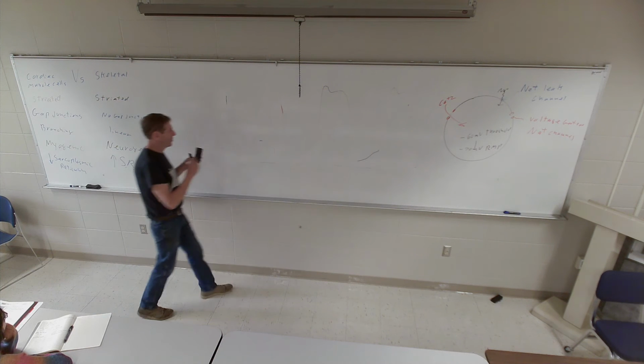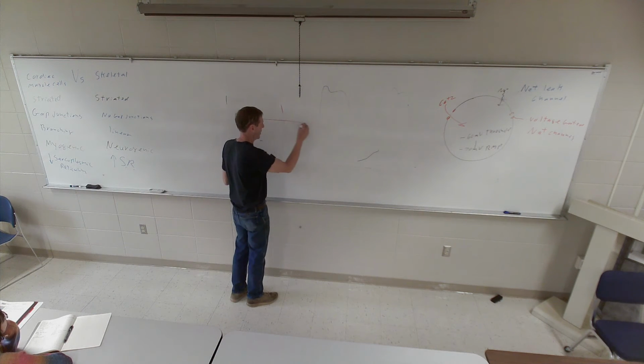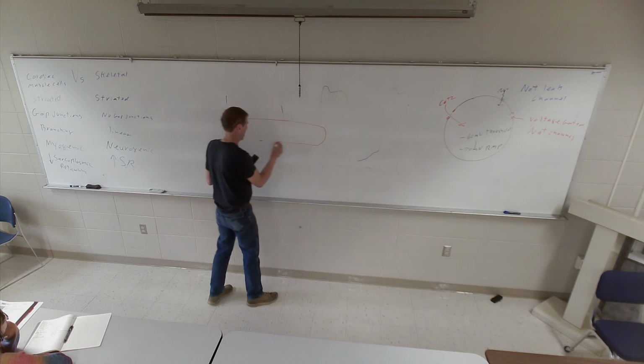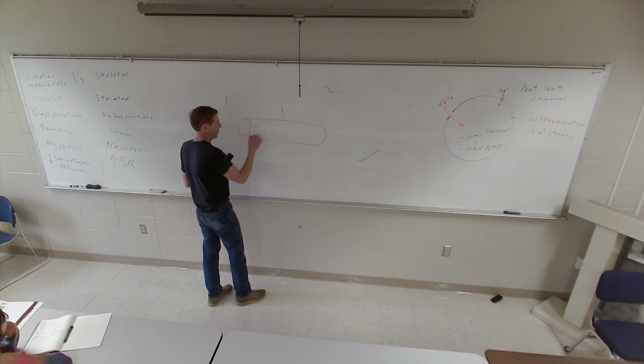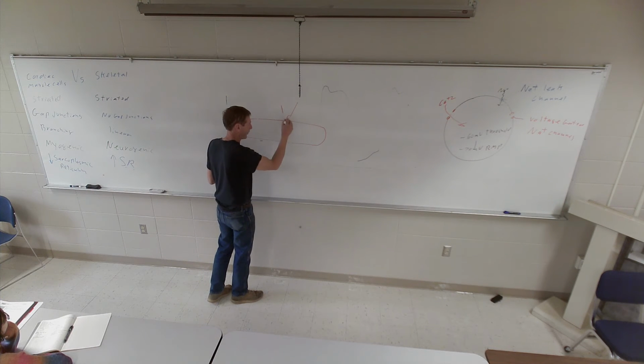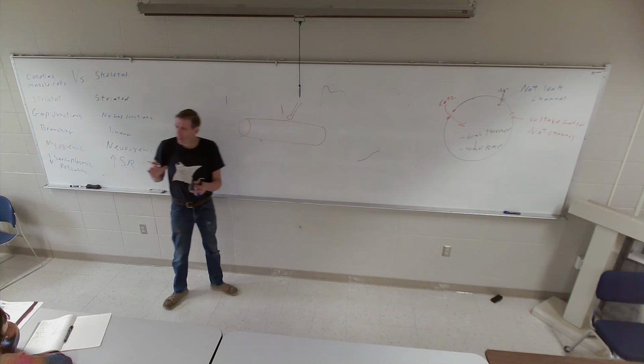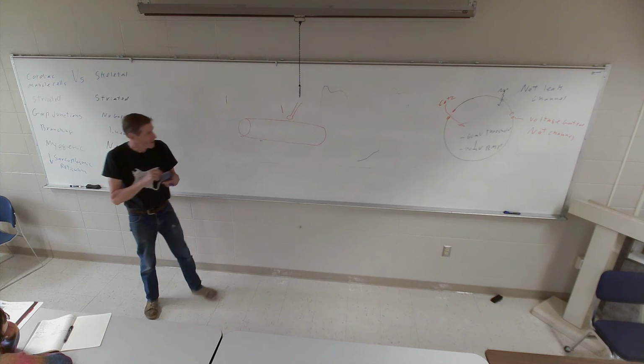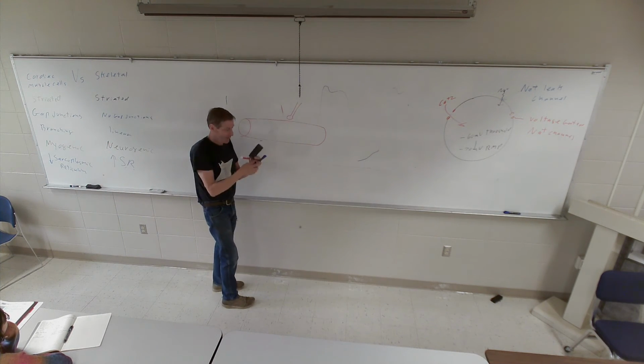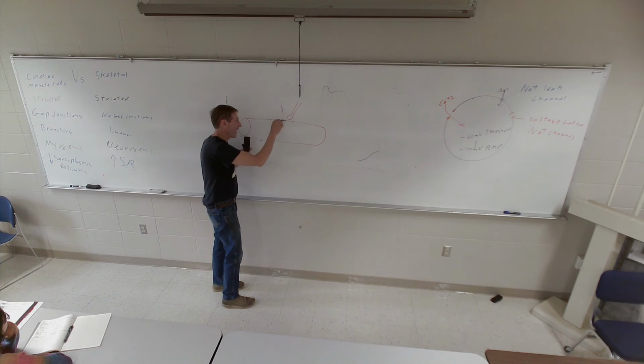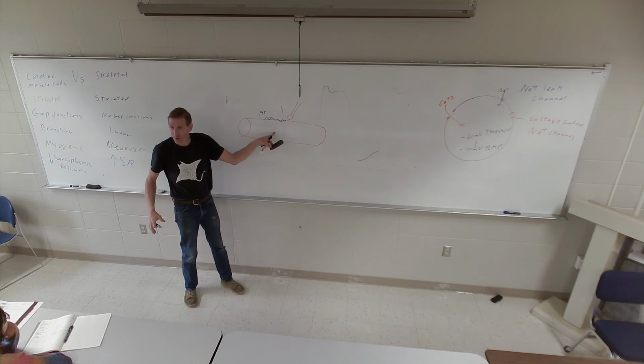If you imagine here's a skeletal muscle cell. Remember, skeletal muscle cells are huge. When you get that action potential, this is supposed to be a synapse. You get that action potential up here. Muscle cells are big, so the electrical change would not easily be detectable deep inside the cell.